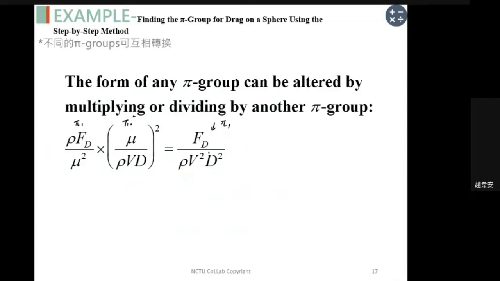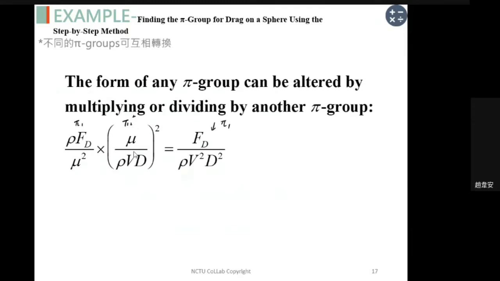This is the pi 1 we call the drag force coefficient. So no matter which different parameter you use to cancel out the different dimensions, pi 1 and pi 2 can combine together to give another pi 1.